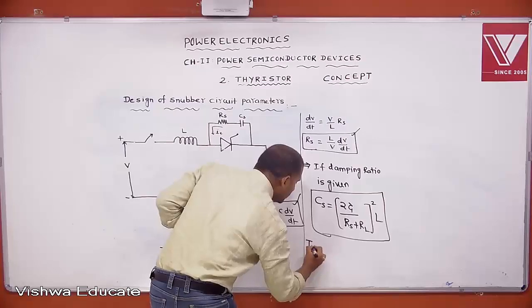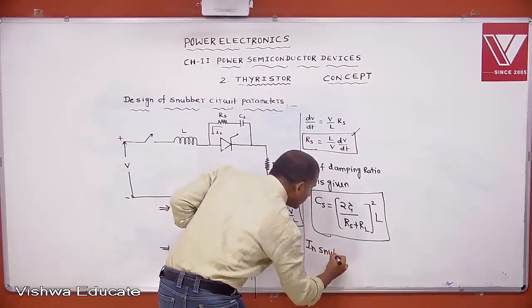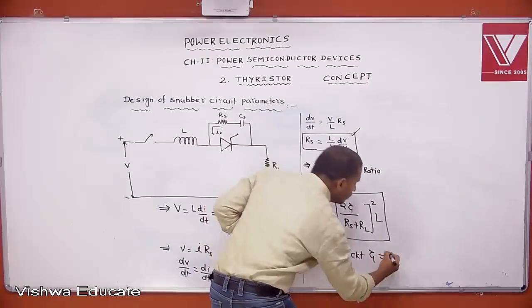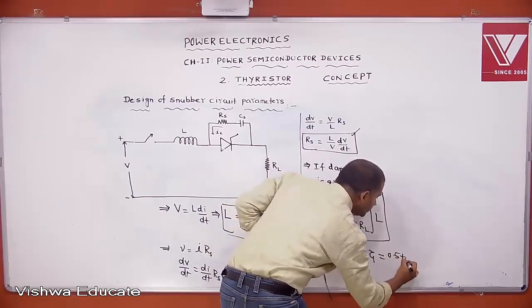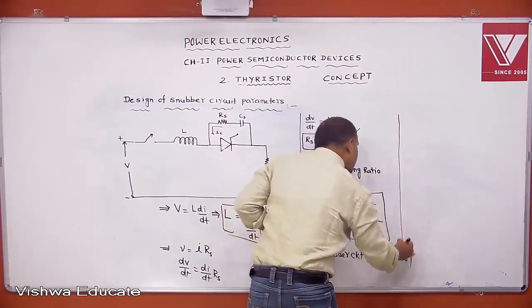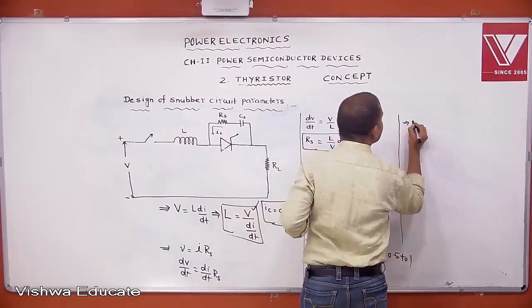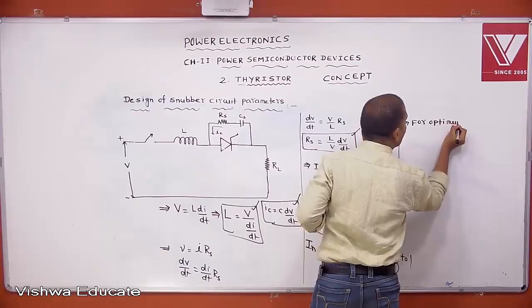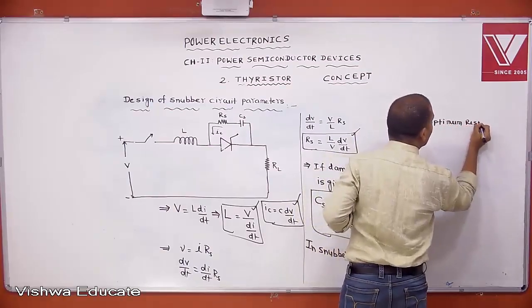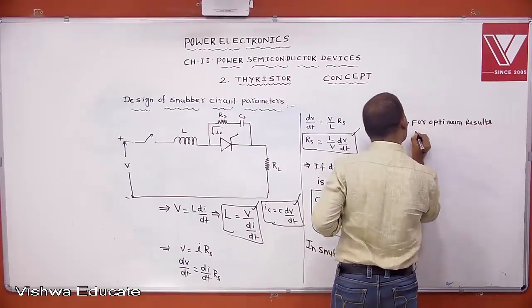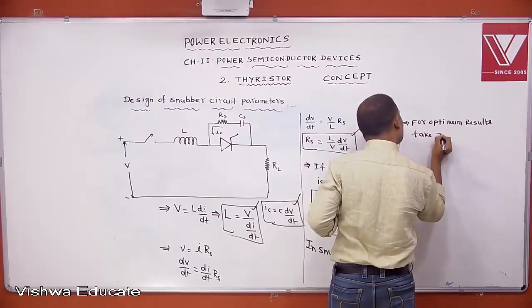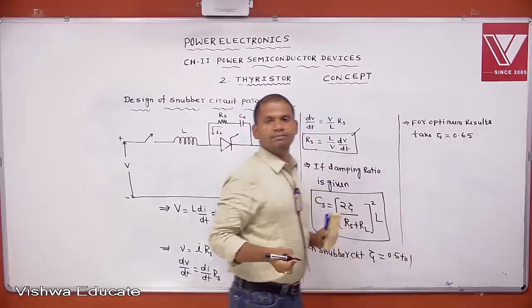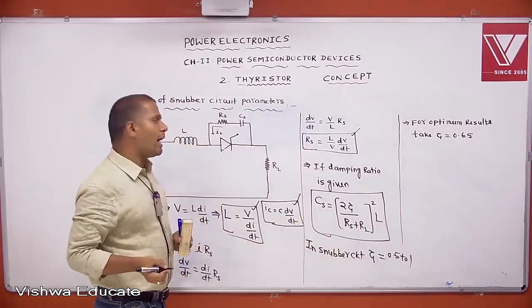In a snubber circuit, zeta is 0.5 to 1. If it is not given, for optimum results take zeta equal to 0.65.